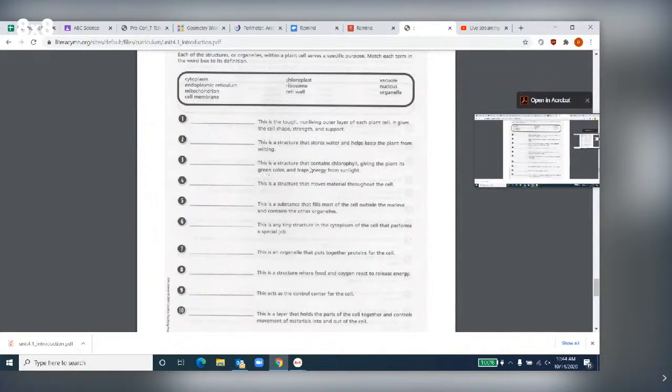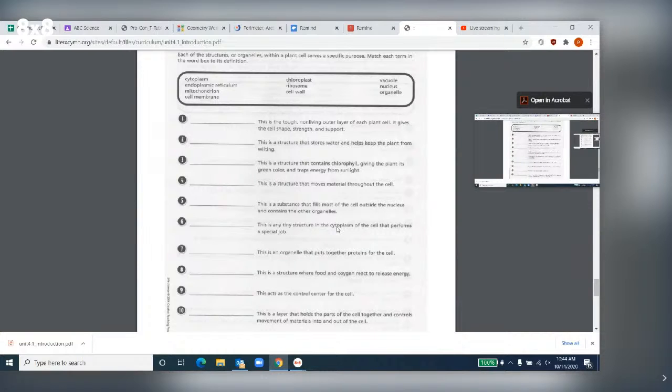Three, this is the structure that contains chlorophyll, and that's going to be chloroplast. Four, this is a structure that moves material throughout the cell. That's the endoplasmic reticulum. Five, the substance that fills most of the cell outside of the nucleus and contains other organelles. That's the cytoplasm.